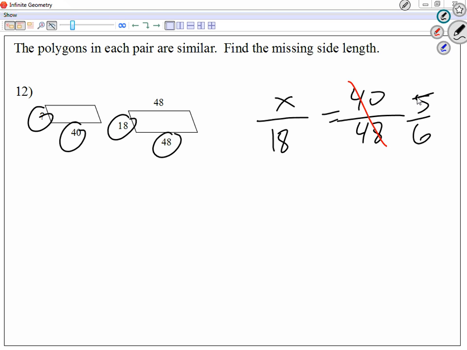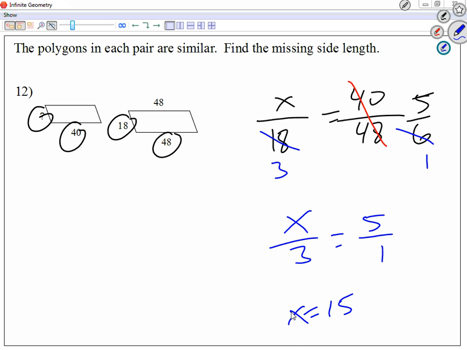And I'm going to simplify the fraction. I can also simplify side to side. So the 6 with the 18. 3 and 1. So just to make this a little more clear, I have x over 3 is equal to 5 over 1. So what's x? 15. X equals 15, yes. I just simplified my numbers.